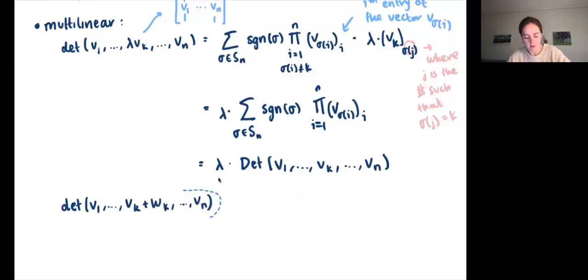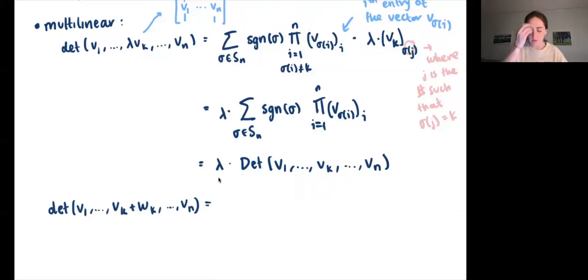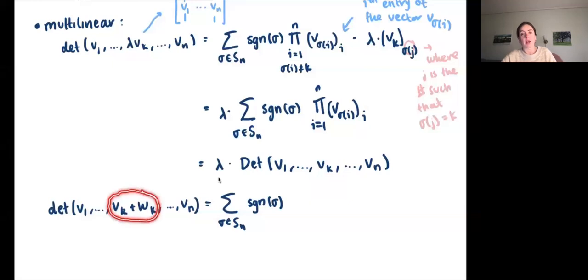Okay. So this is going to be equal to, just by the definition, the sum over sigmas in Sn, SGN of sigma. Now again, we're going to be looking at a product of entries of these, and we're going to have something different happening in one of these entries.